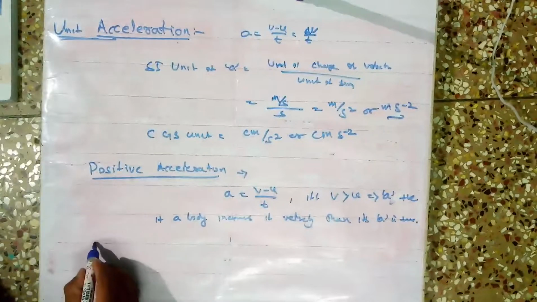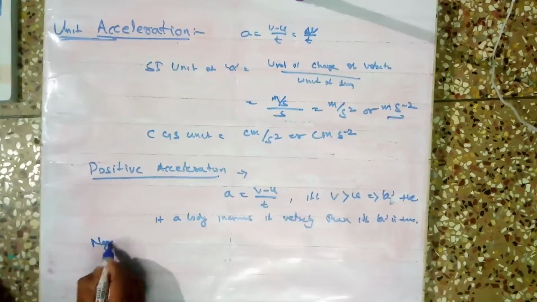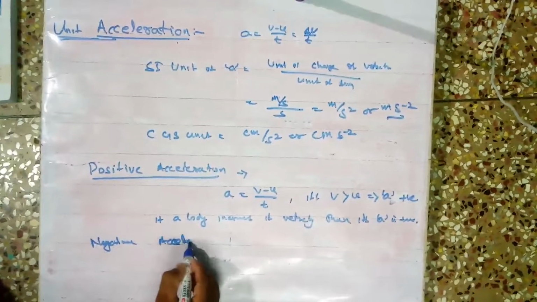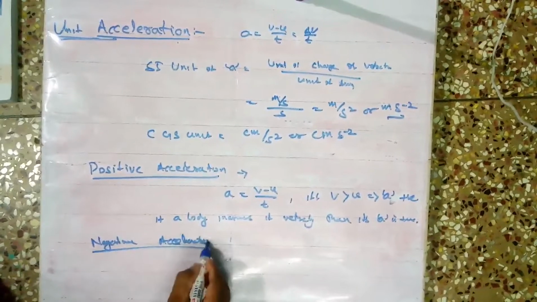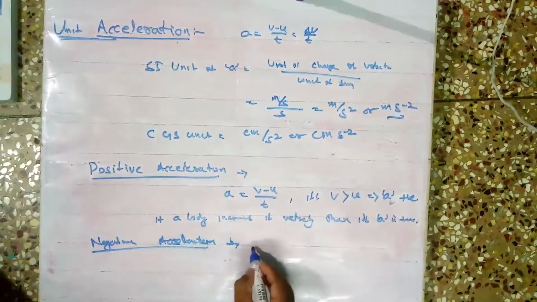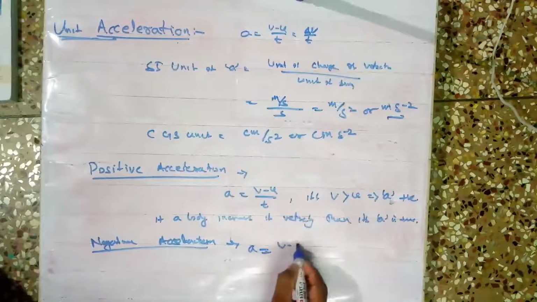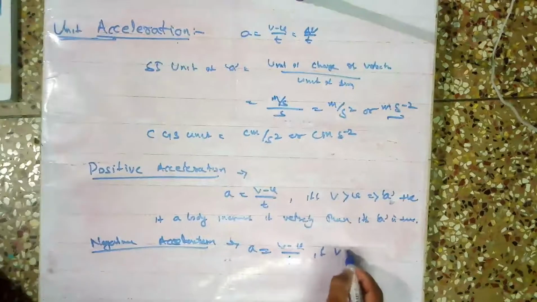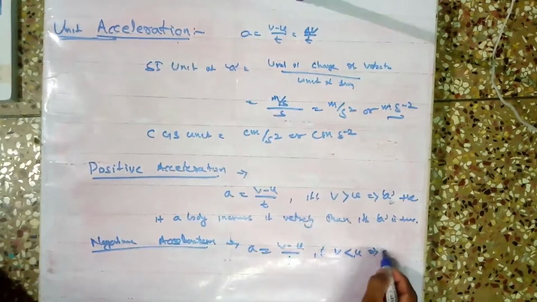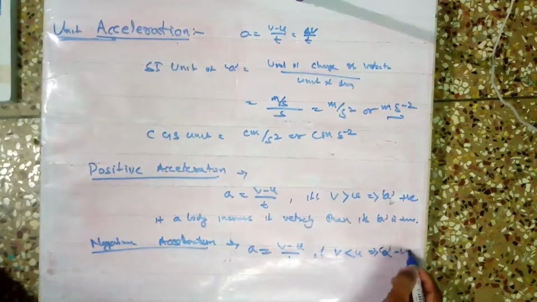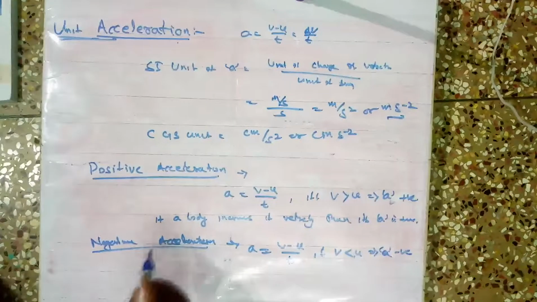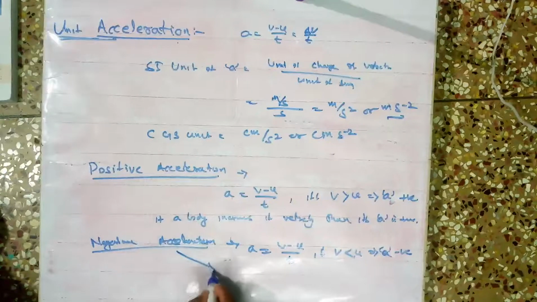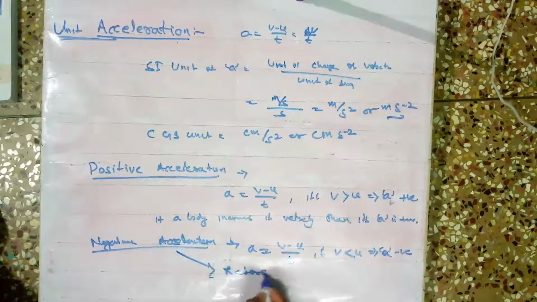Suppose now negative acceleration. a is v minus u by t. If v is less than u, then a is negative. Clear? And this negative acceleration is called retardation.